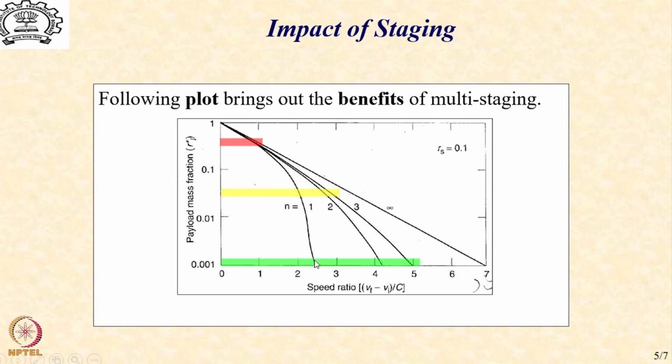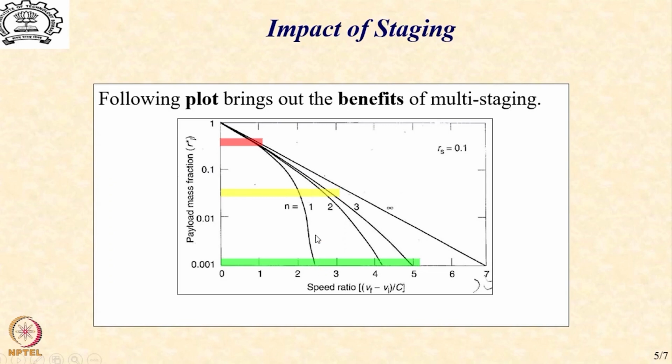The moment you make the same mission a two-stage mission, I simply move the cursor vertically and come to this curve for n equal to 2, and then I move it to the left horizontally, and I find that with the same lift-off mass, same propellant, ISP, everything same, I can achieve a payload of practically 7% fraction, which means for every 1000 kg of lift-off mass, I can get 70 kg payload, 70 times increase, just by going from one stage to two stage.